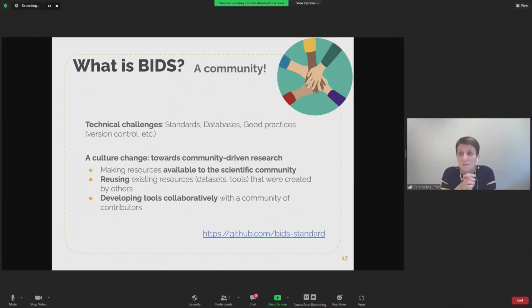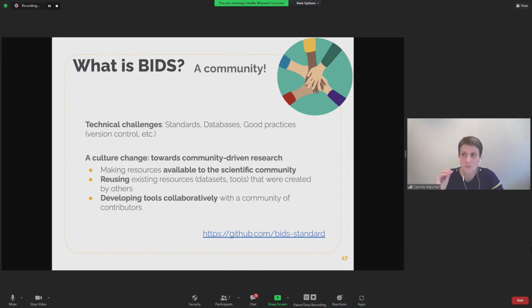But I think the main point about BIDS is that beyond the technical challenge of creating a standard, and of course having a standard then enables a lot of tools. So it is creating databases, data transfer, interoperability, good practices, and so on.